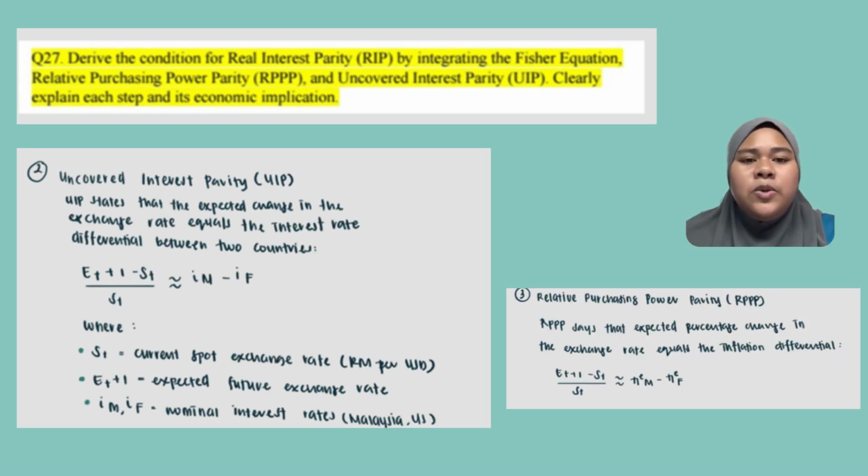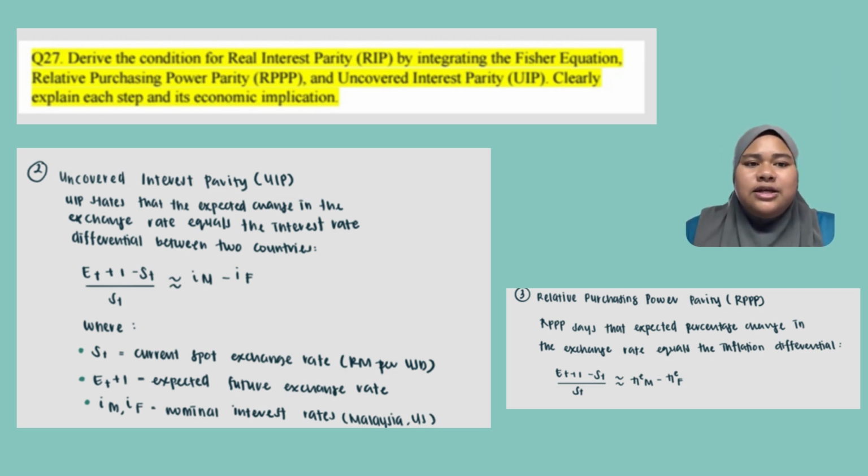Relative purchasing power parity states that the percentage change in the exchange rate is approximately equal to the inflation differential between two countries, which is (E(t+1) minus E(t)) over E(t) equals pi foreign minus pi domestic. The last theory is uncovered interest parity.